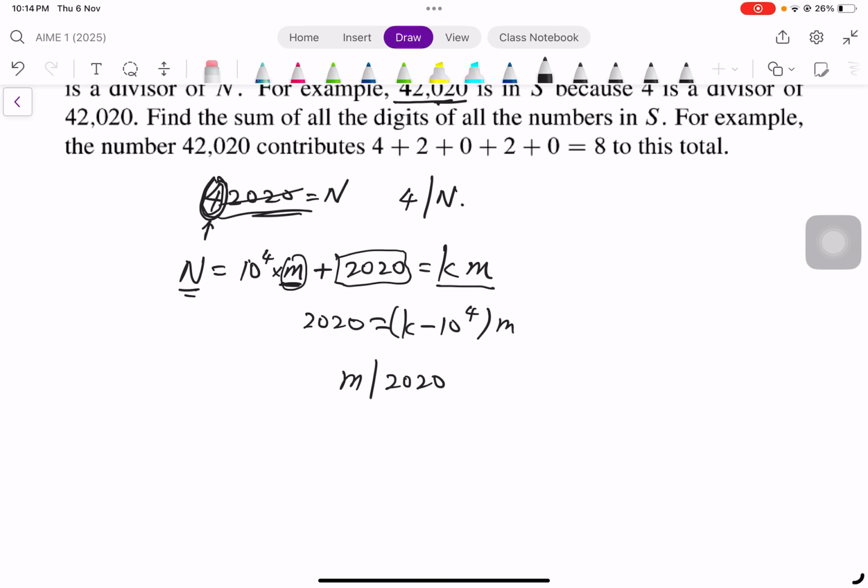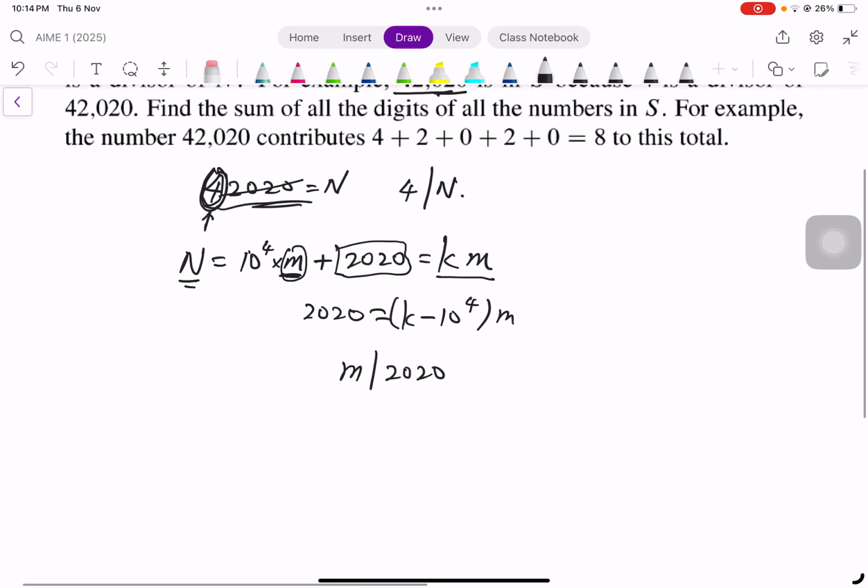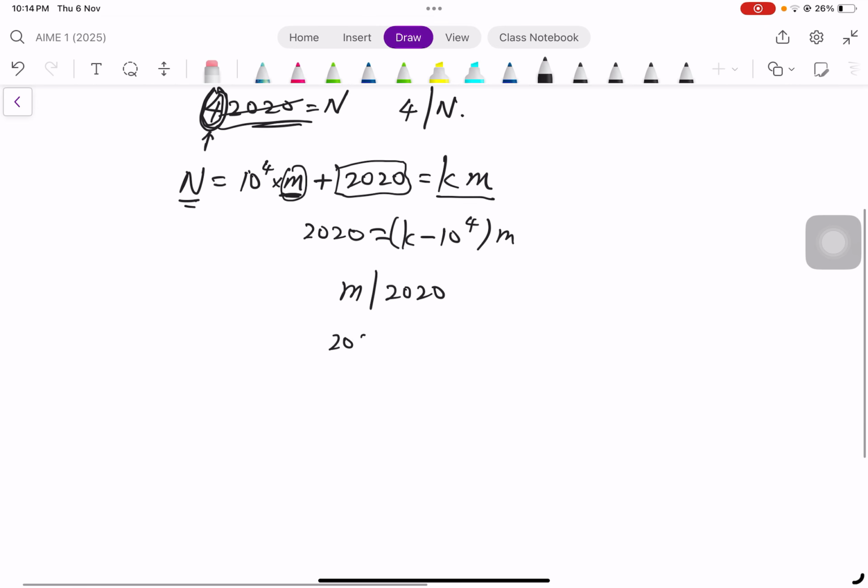From here, you can see that m must divide 2020. Now we look at the prime factorization of 2020. It is 2 to the power of 2 multiplied by 5 multiplied by 101.